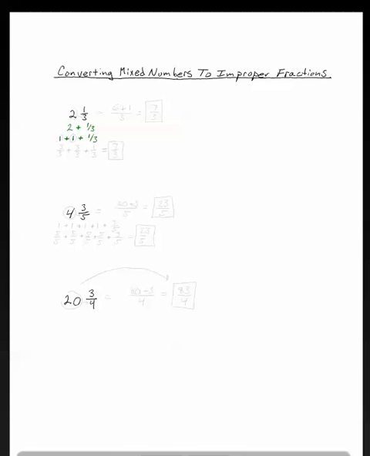Now, the denominator of my fraction is 3. So that means that every whole has to be divided into 3 pieces. So this whole right here, I want to rewrite as 3/3 plus this whole right here I also want to write as 3/3 plus I have my 1/3.